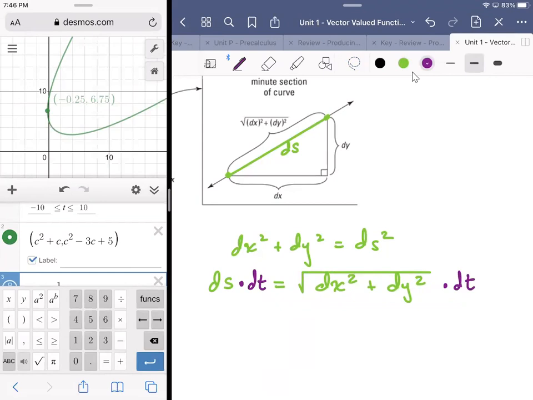If we multiply both sides of the equation by a dt, then what we're doing is we're establishing that we're getting a length of a curve over a minute interval of time.